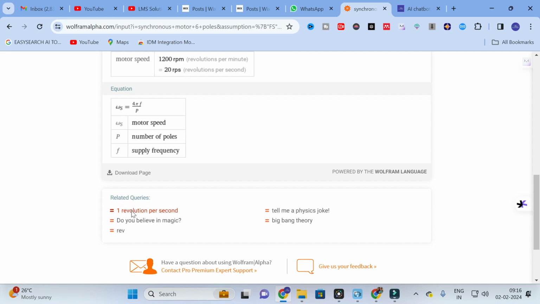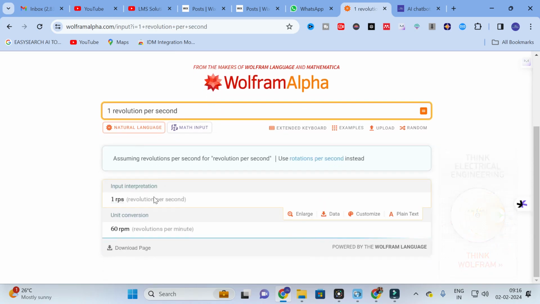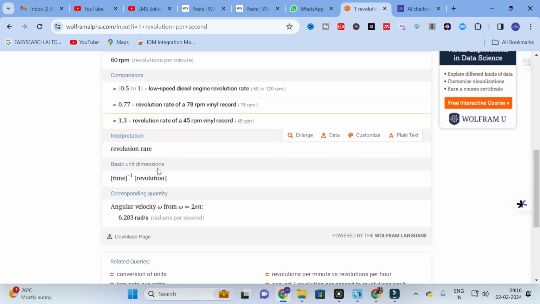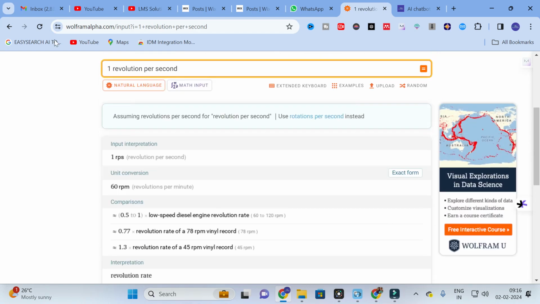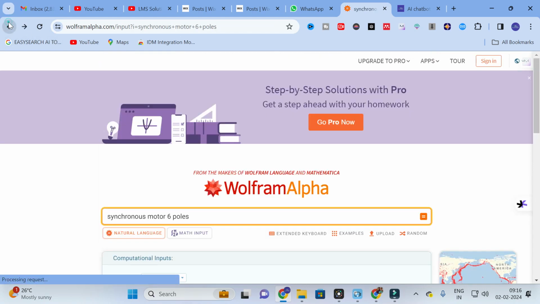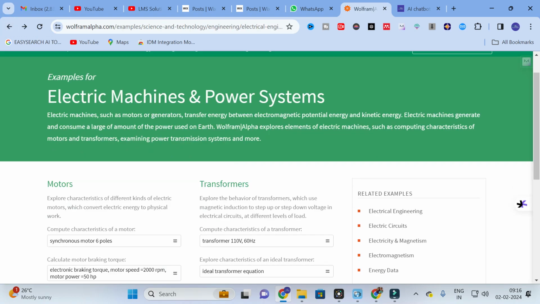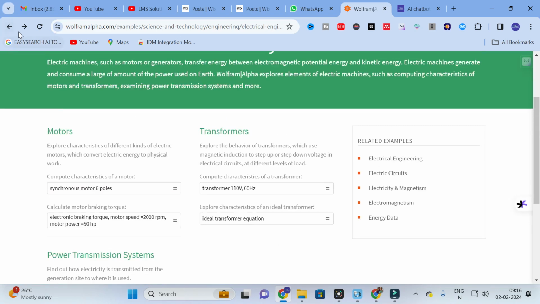Here you can see 1 revolution per second. Just click on this, 1 RPS, revolution per second, equal to 0.521, then 0.77, next 1.3. Like that it will generate the related answer for the particular question. So this is all about motors and transformers and power transmission.